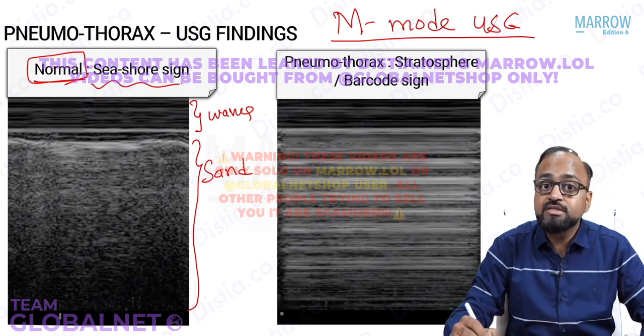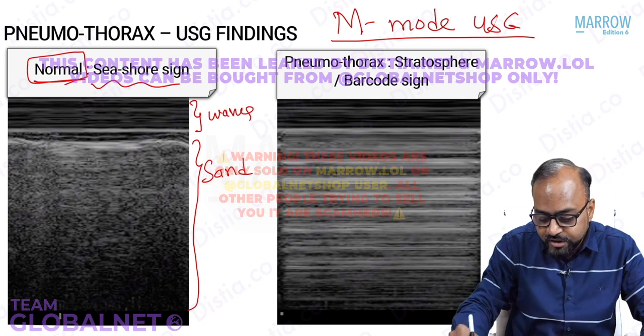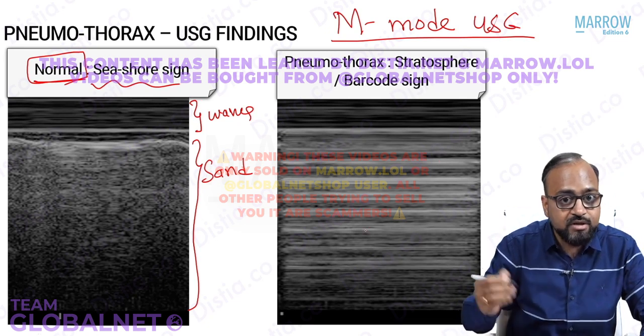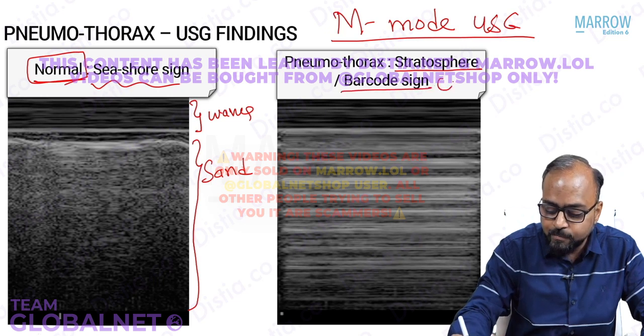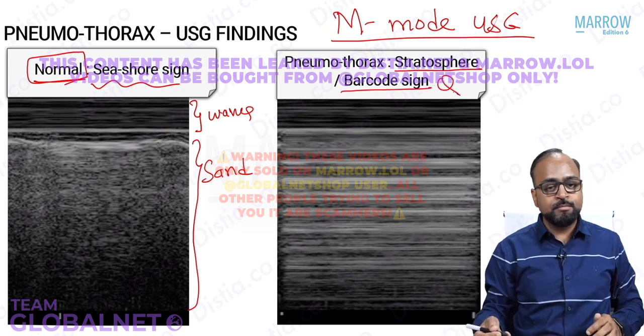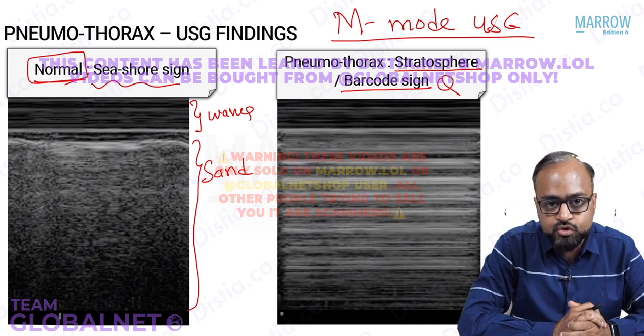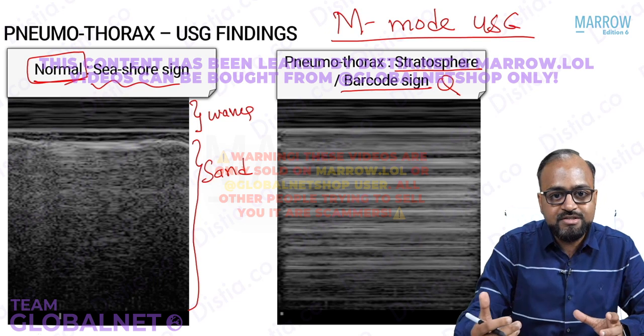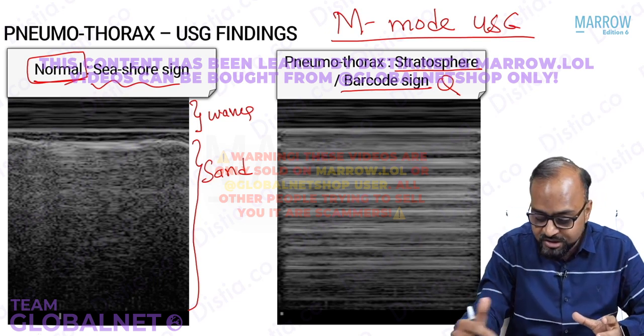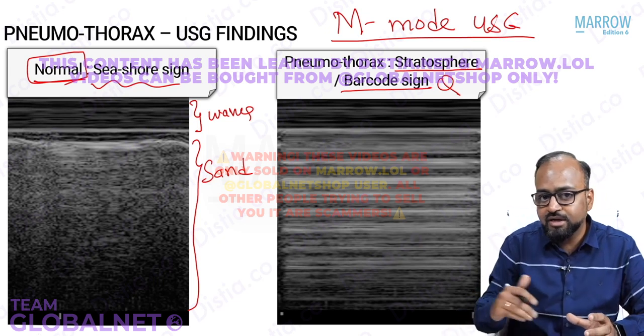Now in pneumothorax, this appearance changes to a completely striped, line-like appearance, and this is given a name. This is called the stratosphere sign or barcode sign. So remember, seashore sign is seen in normal USG thorax on M mode, whereas the stratosphere sign or barcode sign is this striped line-like appearance, line after line, which is seen.